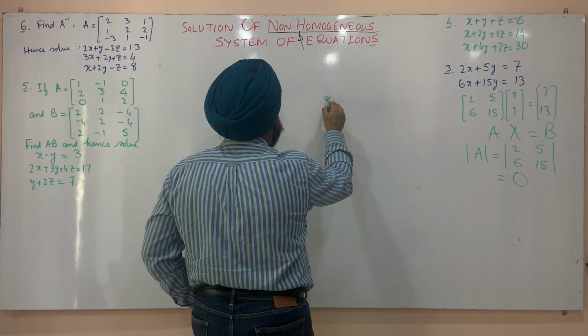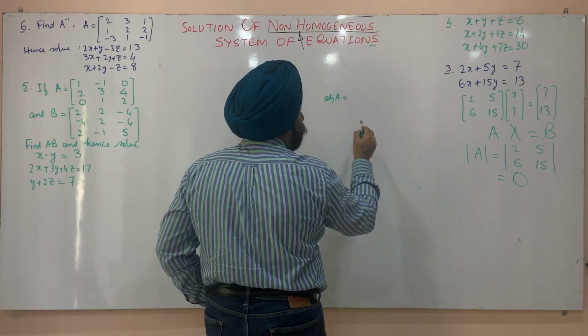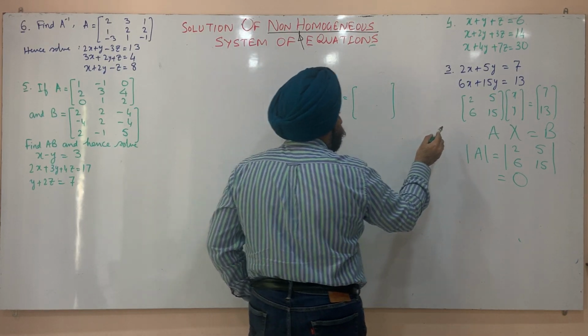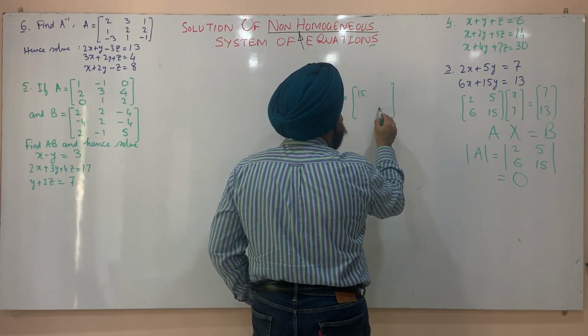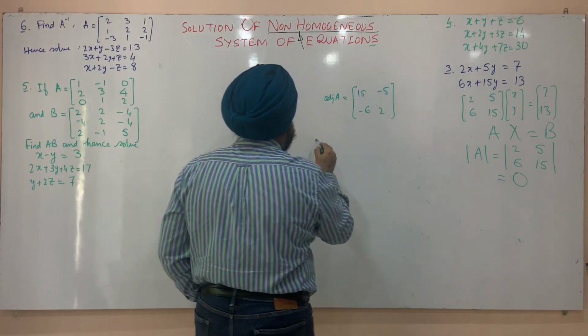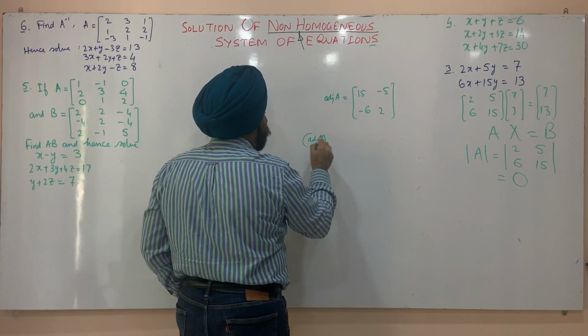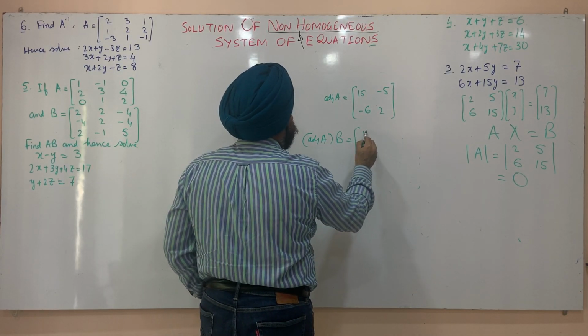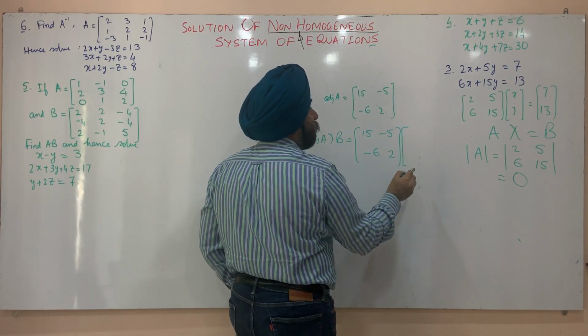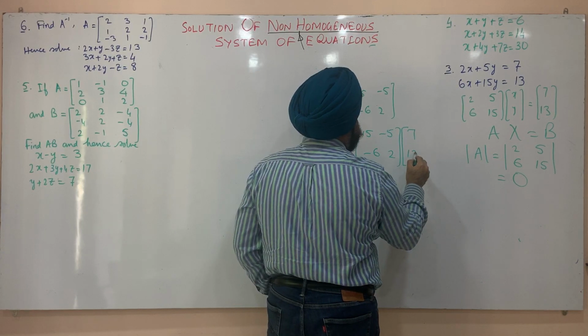Now let's find out adjoint of A. Using shortcut, this is 15, we have 2 here, minus 5 here, minus 6 here. And let's find adjoint of A into B. This is 15 minus 5, minus 6 and 2 into B, which is 7, this is 13.